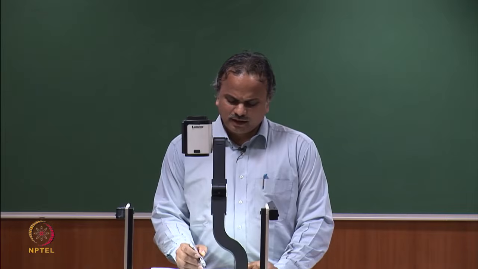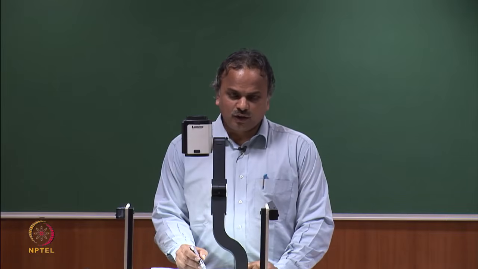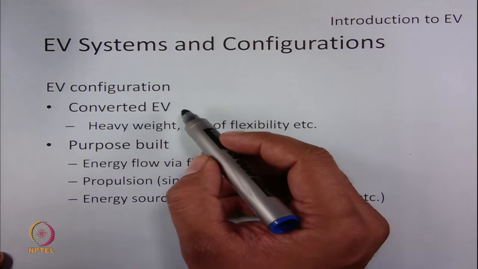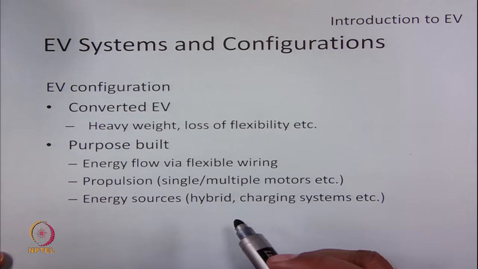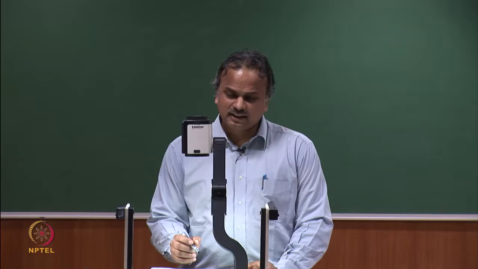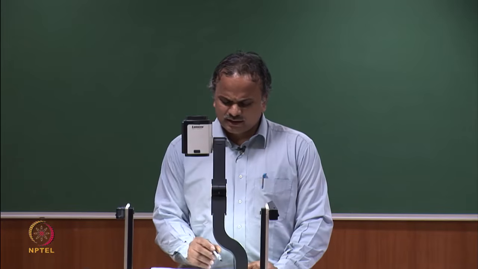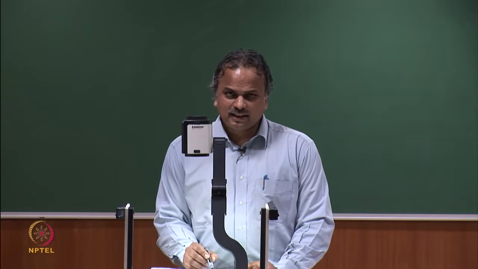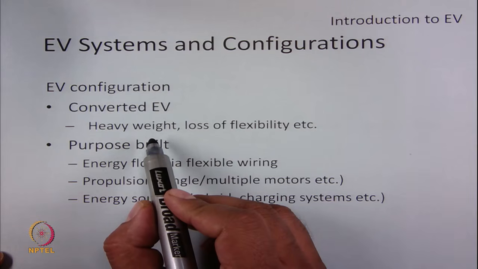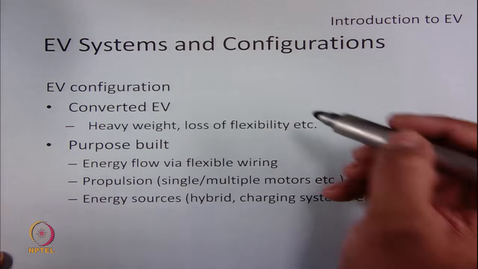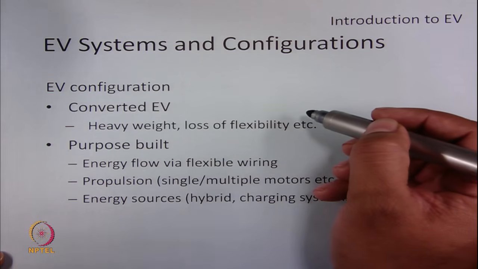This type of EV is only popular when the cost to the customer per kilometer of driving is less in the converted EV compared to the diesel engine vehicle. This system is not a high performance EV because it still carries the heavy weight which exists in a typical IC engine based vehicle. It does not have much flexibility.